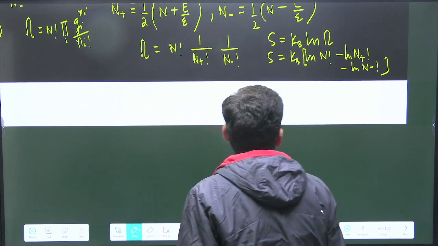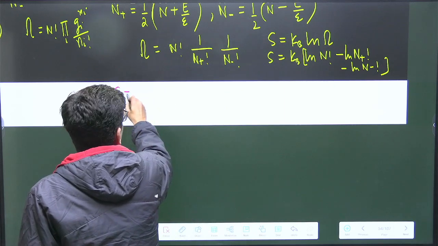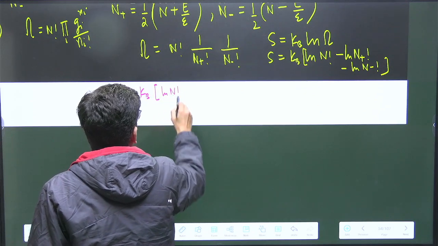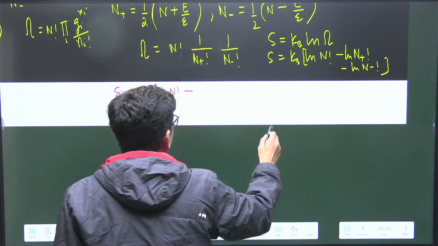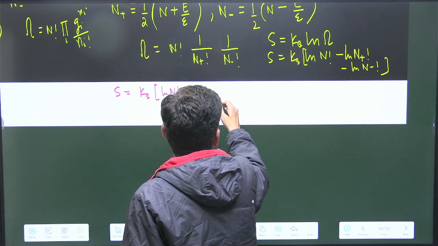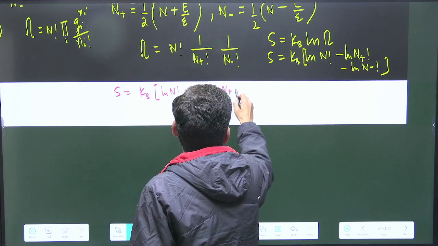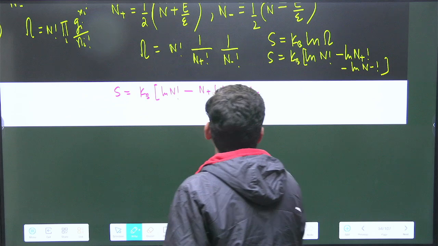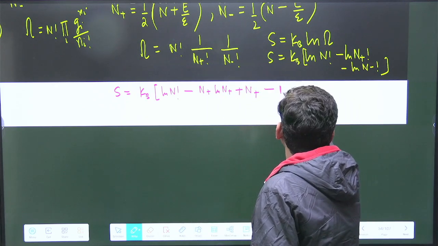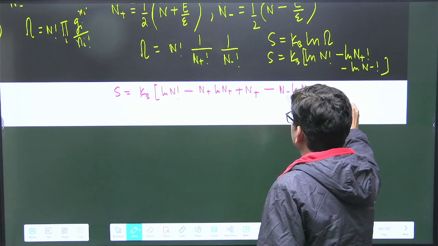Let us now differentiate this. First of all, S will become KB times ln of n factorial minus n plus ln n plus plus n plus, applying the Stirling approximation, minus minus becomes plus, and here minus n minus ln n minus plus n minus.